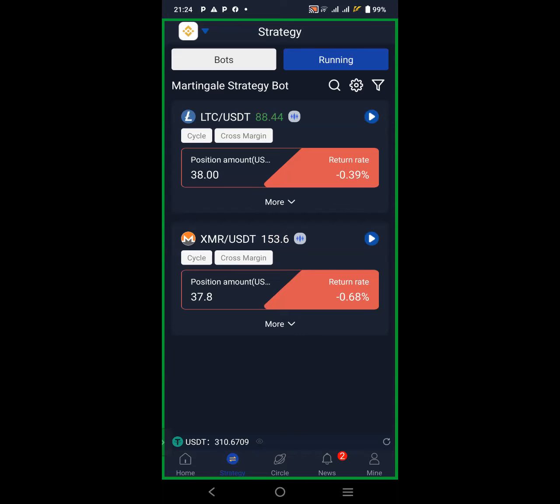LTC has $38. That is the position amount. So if it happens that the return rate is -10, for instance, it means that if you put another $38, that return rate will be reduced from -10 to -5. And then we will have time to talk more about this.